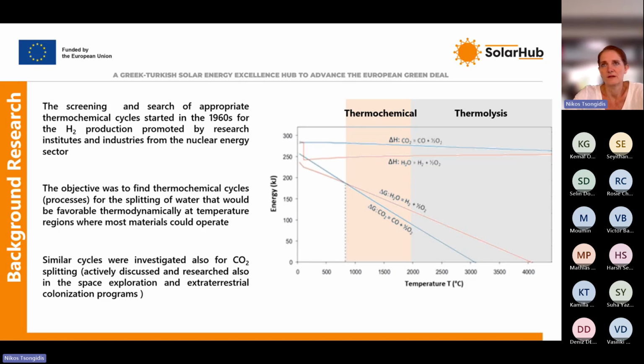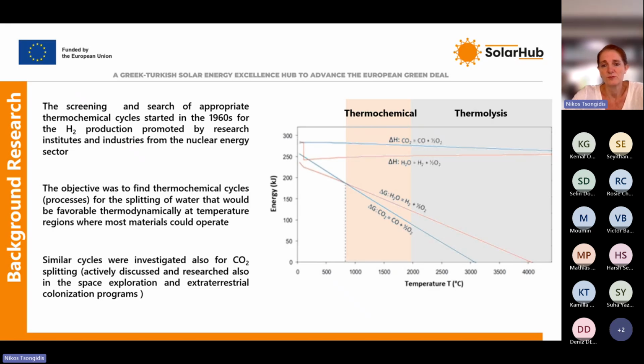Now, the aim was to find thermochemical reactions, thermochemical cycles that would have favorable thermodynamics for the production of hydrogen, since the direct thermolysis of water to produce hydrogen requires very high temperatures that are not appropriate for most materials that can be used for the reactors and the facility.